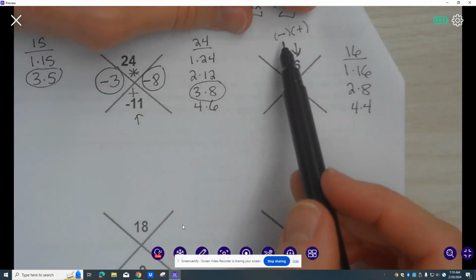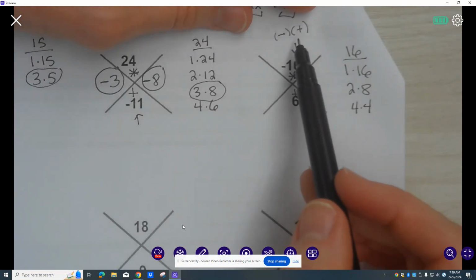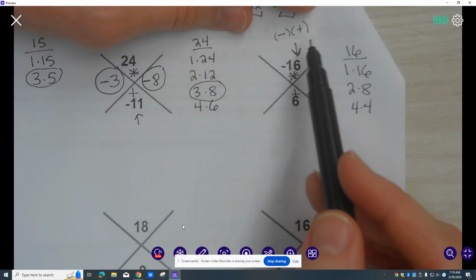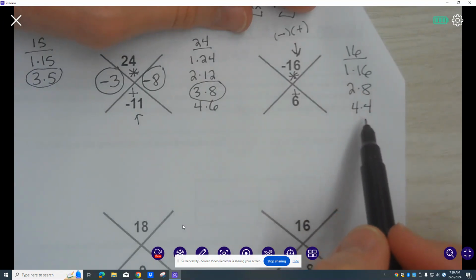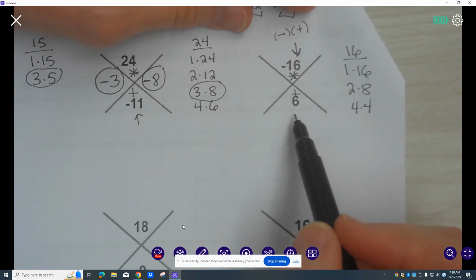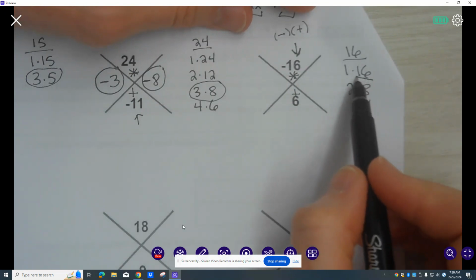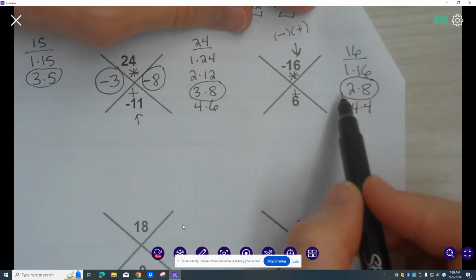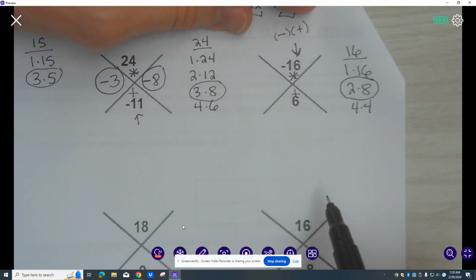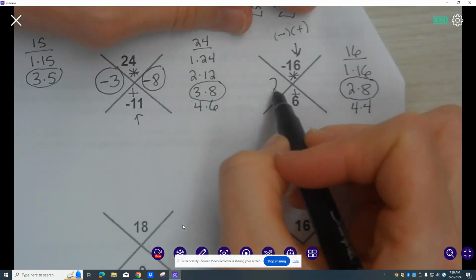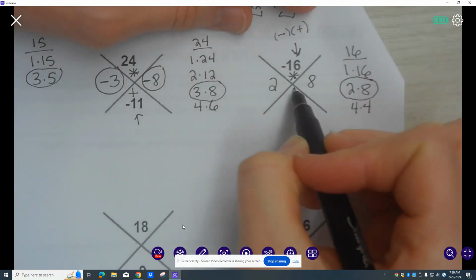Well, when I add a negative and a positive, I'm really subtracting. So now I want to look at these factors and think, which pair of factors, when I subtract them, gets me a 6? So I notice 8 subtract 2 is 6. So I'm going to put 2 and 8 here. This is a plus, by the way.